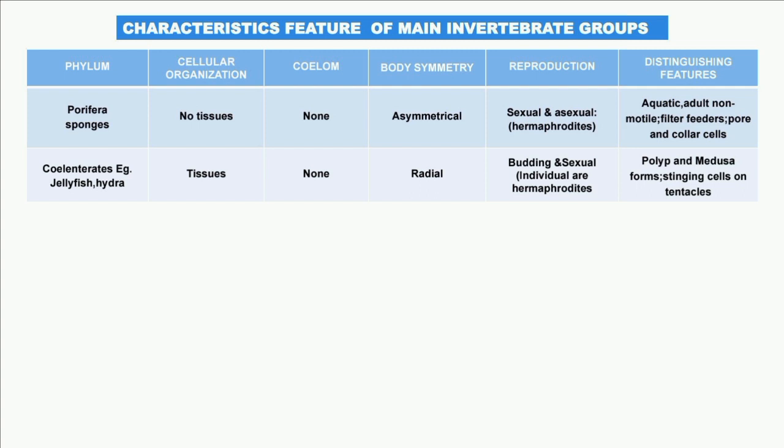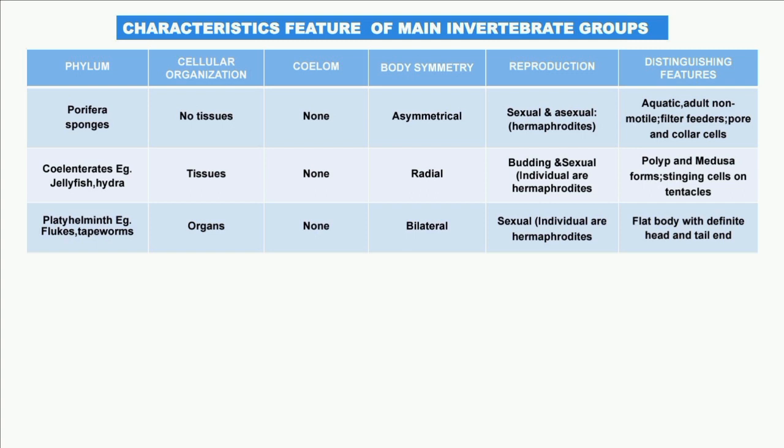Then the next we'll talk about is Platyhelminthes. Examples are flukes and tapeworm. Cellular organization: they exhibit organs. Body cavity: none. Body symmetry: bilateral symmetry. Reproduction is sexual, and individuals are hermaphrodite.